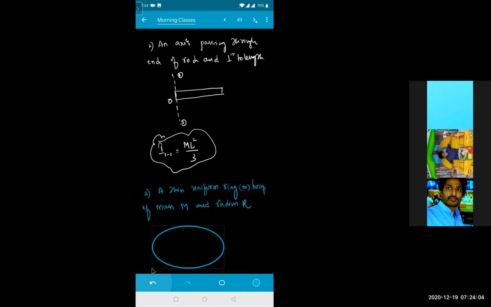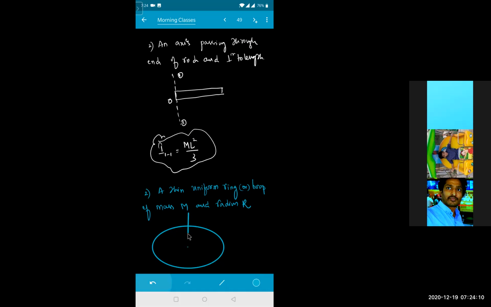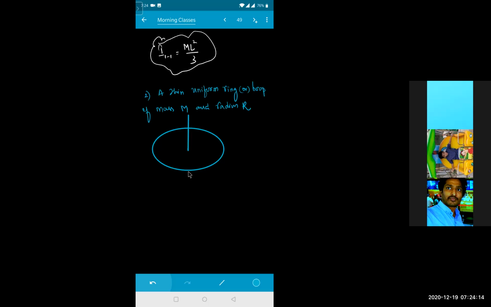Okay, so if this is your ring and the axis is passing through the center like this. From here to here this is your radius, and this is your point O, the center.